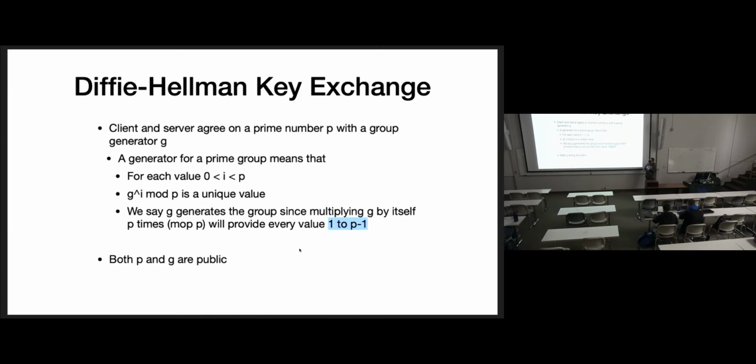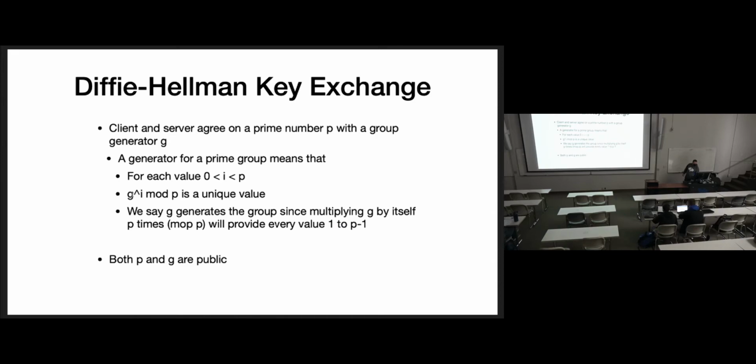So we say that G generates the group because it kept giving us unique values. It didn't get caught in a cycle. If it ever gets caught in a cycle, then G raised to some power isn't going to give us the full range that's possible. If it's a generator, it gives us this full range, 1 to P minus 1. So it gives us a lot of unique values. It fills up that whole group.